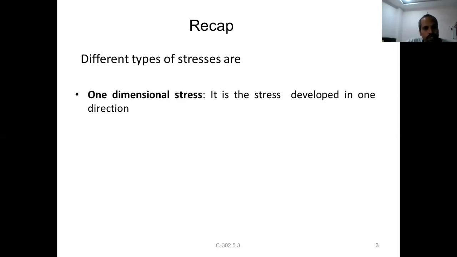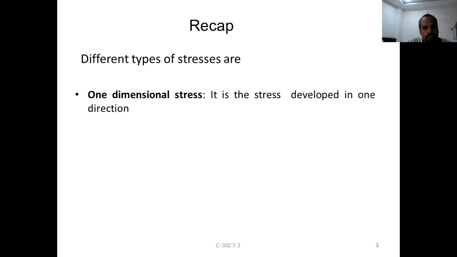How did we get it? Very simple. Stress is equal to load by area. Load means force, and the unit of force is the Newton, and the unit of area is meter square. So it is Newton per meter square, or Newton per millimeter square, or kilonewton per meter square, or kilonewton per millimeter square, like that.